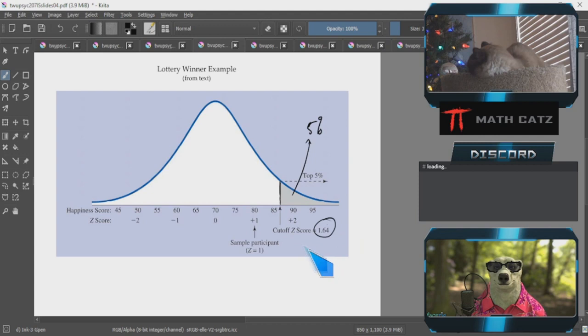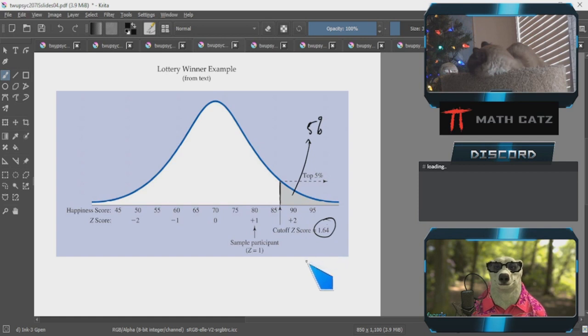We know that whatever that happiness score is, it corresponds to a z-score of 1.64. So the benefit of the z-score is that I have some consistency from one to the next, even though the actual raw scores can be a whole bunch of things. So that cutoff line is 1.64 in its standardized form.